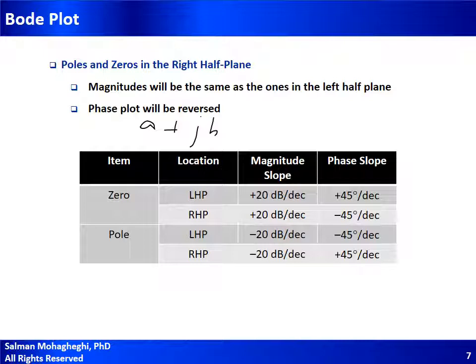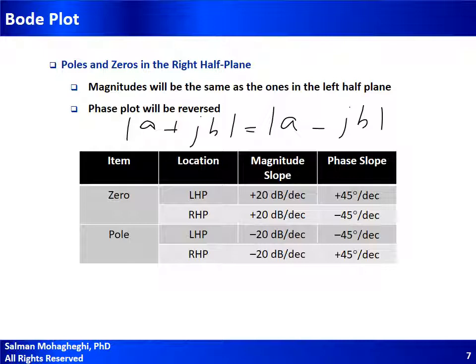If I have a pole or zero in the right half plane, I would basically get a negative jb. Remembering what we know from complex values, the magnitude of this is going to be equal to the magnitude of the other. So in terms of magnitude, nothing changes.